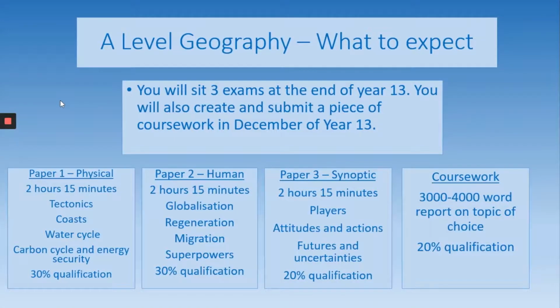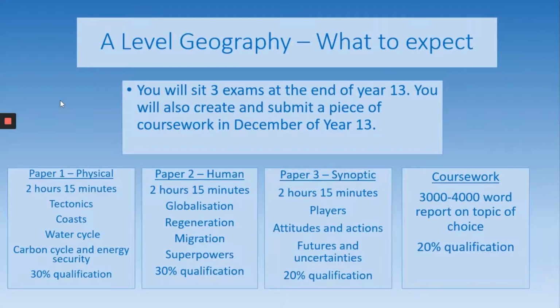We then have paper 3, which is a synoptic paper. It's 2 hours and 15 minutes again, and it focuses around players, attitudes and actions, and futures and uncertainties. This is a particular place-based context knowledge exam. You get given a piece of information and then you have to work with that information to talk about the players, attitudes and actions or futures and uncertainties.